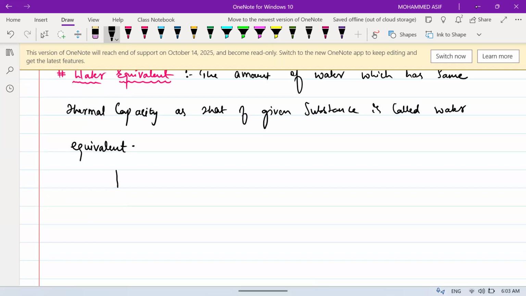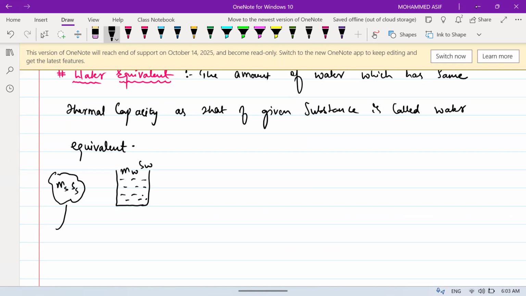Say for example, if there is a certain amount of liquid in this one, and there is some solid here right now. This is mass of solid, specific heat of your solid. This is mass of water, specific heat of water.